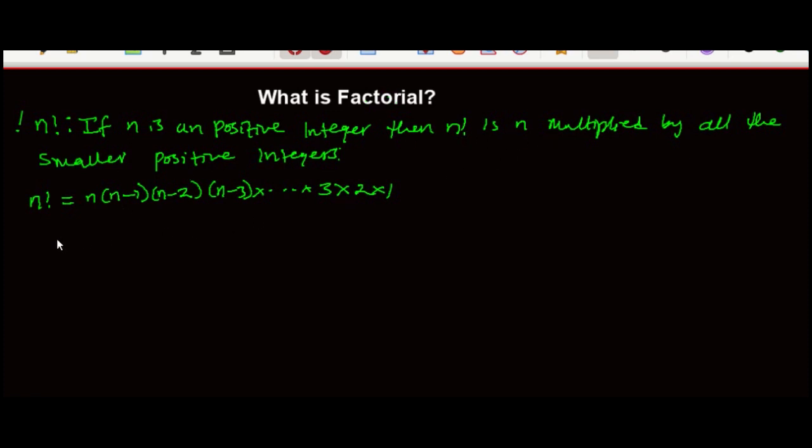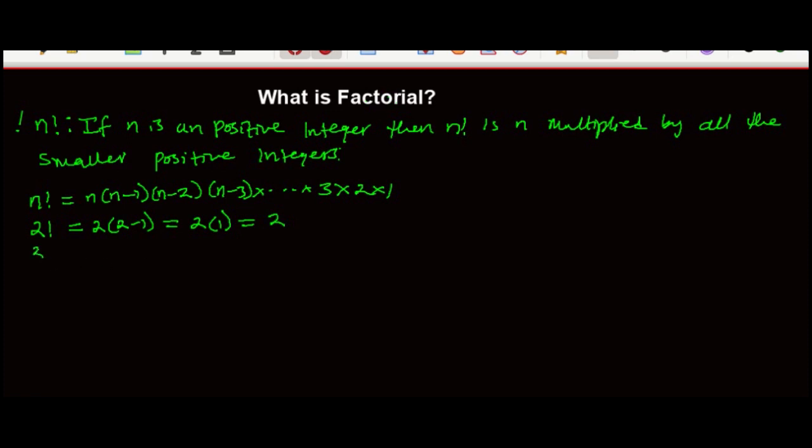So for instance now, if you want to have a factorial for 2, you can imagine that here we are going to have 2 multiply 2 minus 1, which is going to give you 2 multiplying 1, which is equal to 2.